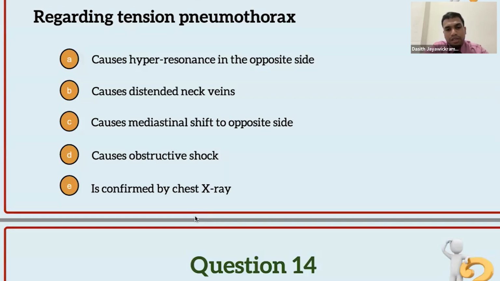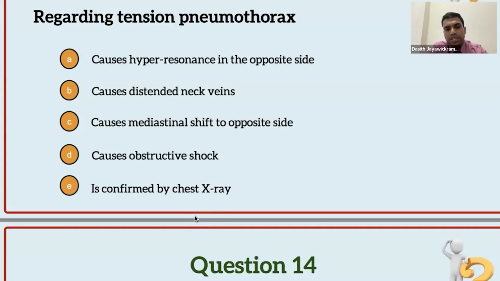the blood coming to the heart is obstructed, so the venous side is engorged. Causes mediastinal shift to the opposite side. Yes, true. Causes obstructive shock. Yes, true, because the heart cannot relax in diastole, so the blood can't come into the heart to pump.